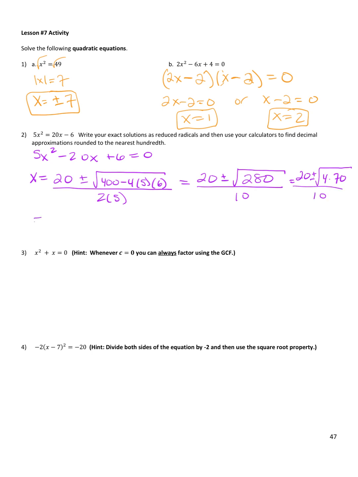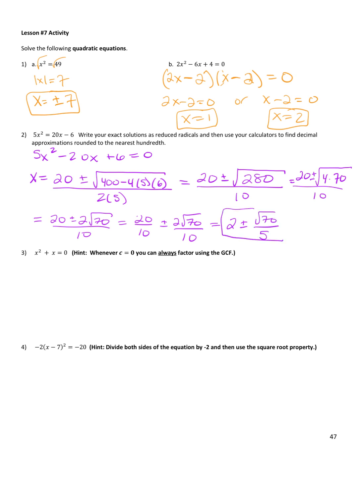And then take the square root of the 4. So I have 20 plus or minus 2 square root 70 over 10. Break it into two fractions, 20 over 10 plus or minus 2 root 70 over 10, and reduce each of the fractions. So I have 2 plus or minus root 70 over 5.